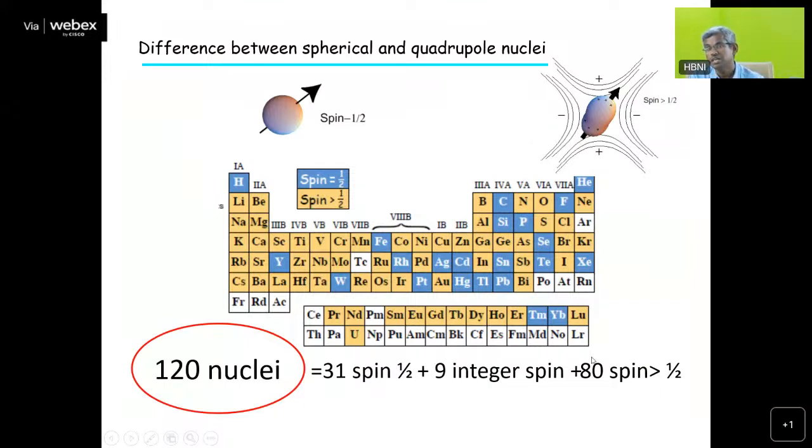The remaining 80% of the nuclei have nuclear spin greater than half; in general we call them half-integer nuclei. The moment they have a spin greater than half, as you see here, you have a positive charge, a negative charge, and a polarization in the electron density. This creates a coupling between the nucleus and the surrounding electric field.